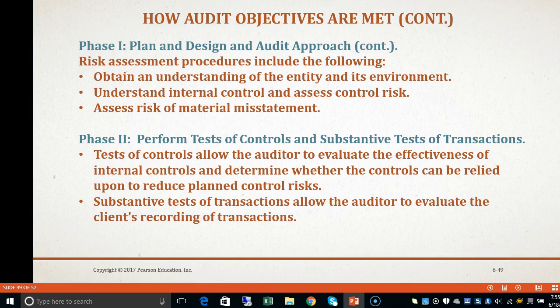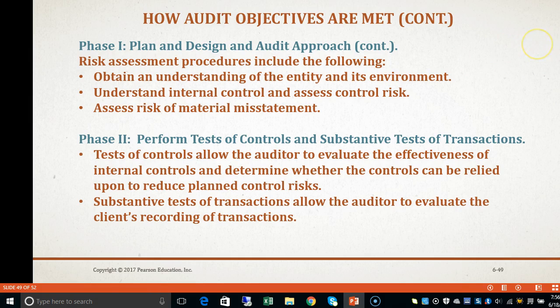Internal controls are extremely important in today's complex systems. Before software, it was actually easier to do audits. With the advent of general ledger ERP systems now, internal control is extremely important, and auditors spend a lot of time evaluating that internal control, because weaker controls will lead to risk.